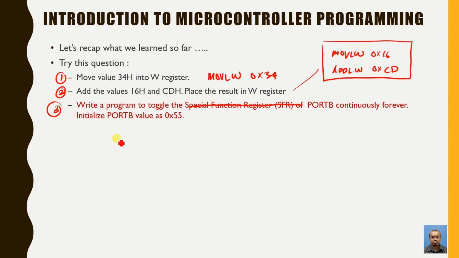So I'm going to skip some earlier part of the program code, like bank select and all that. What I will do is straight move MOVLW 0x55, and then MOVWF port B.